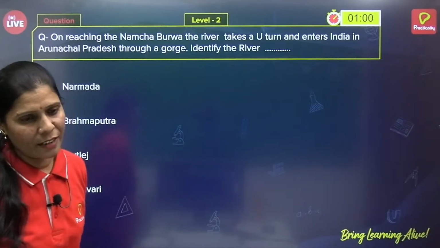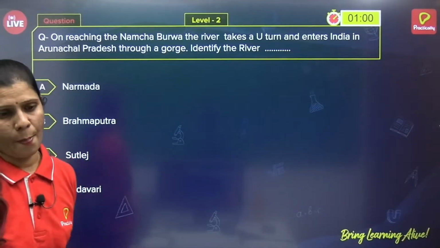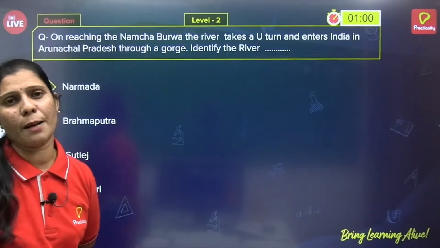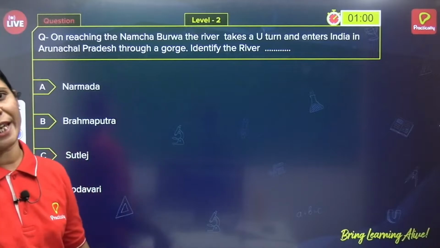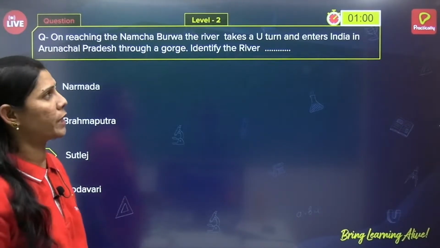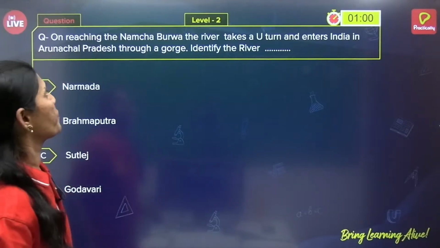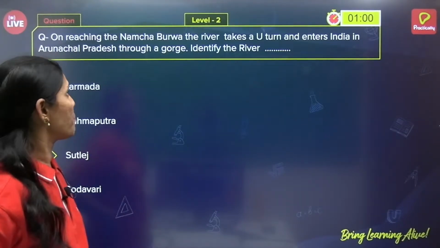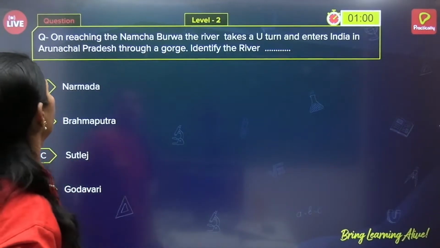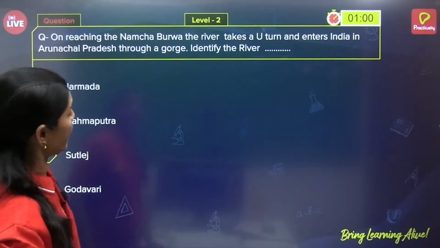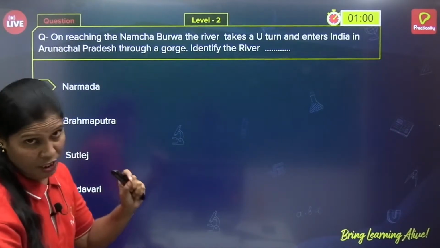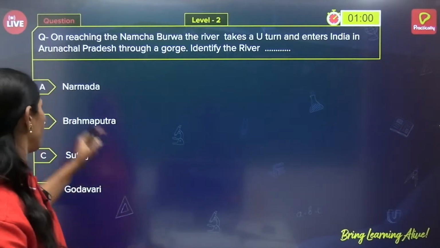On reaching Namcha Barwa, in the previous class I told you Namcha Barwa is one of the mountain peaks in the Himalayas, a river takes a U-turn in India and enters into India at Arunachal Pradesh through a gorge. Identify the river from the following.